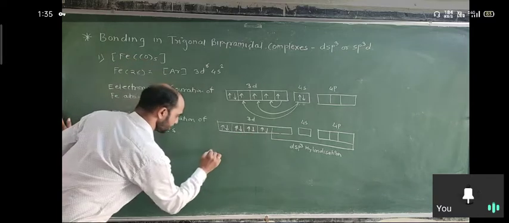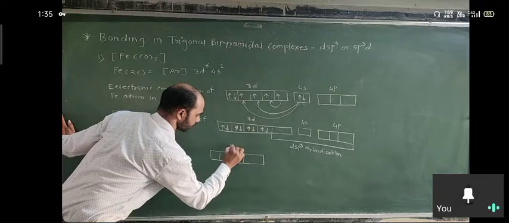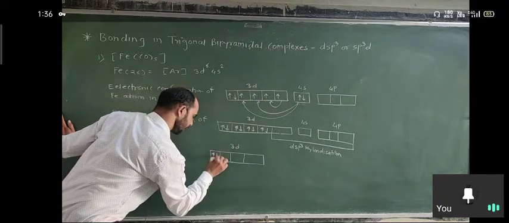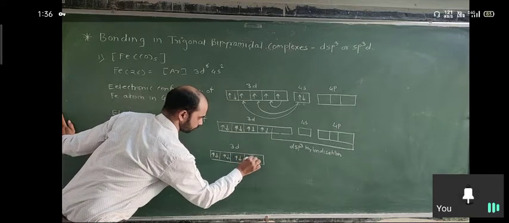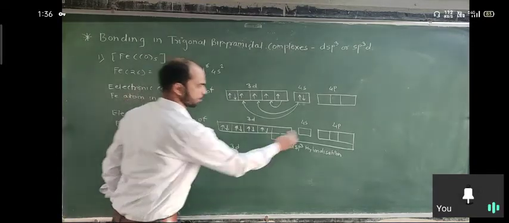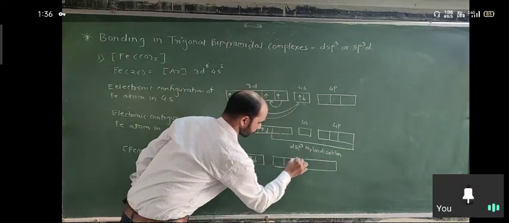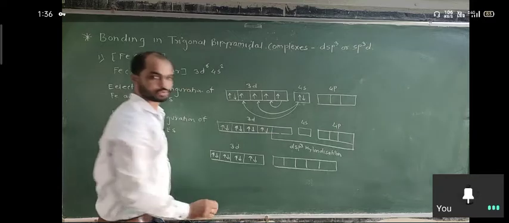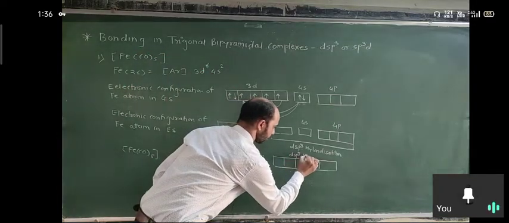These 4 are completely degenerate: 1, 2, 3, 4. There are 3d orbitals containing 8 electrons. The set of the remaining 5 orbitals, 1, 2, 3, 4, 5, is called the dsp3 hybrid orbitals.